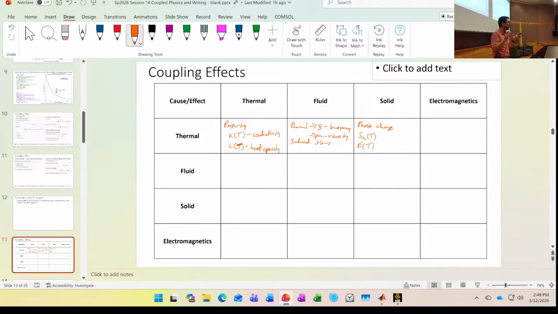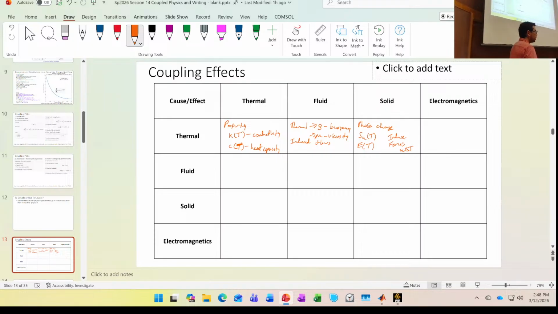You also have the ability to induce forces based on the coefficient of thermal expansion.